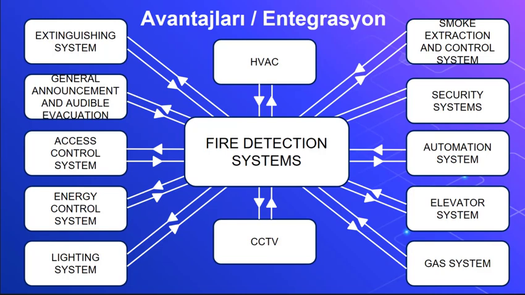HVAC systems consume a significant amount of energy, and system automations made by considering the characteristics of the living environment, like residence, shopping mall, industrial facilities, entertainment places, etc., allow significant energy savings.